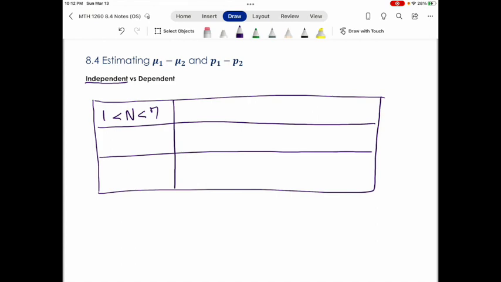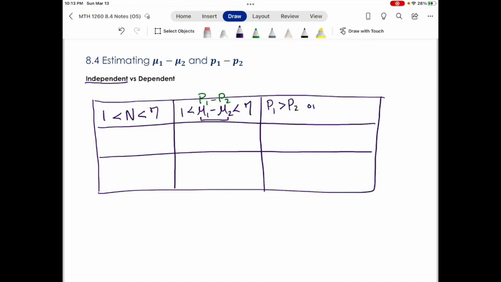If I have the difference between two means, or two population proportions, P1 minus P2, and it lies between two positive numbers, then mu1 minus mu2 or P1 minus P2 has to be positive. And if it is positive, then the first population parameter has to be bigger than the second.